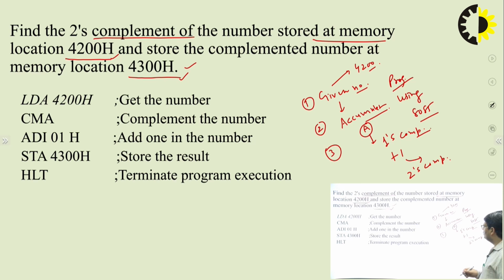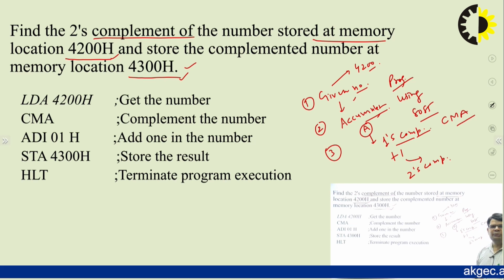In the first step the given number will be loaded into the accumulator. After that we will find out its 1's complement using the instruction complement accumulator. Complement means basically 1's complement, where 1 will be replaced with 0 and 0 will be replaced with 1, and for getting 2's complement we have to add 1 immediately to the 1's complement. So for adding 1 immediately we can use the add immediate instruction.